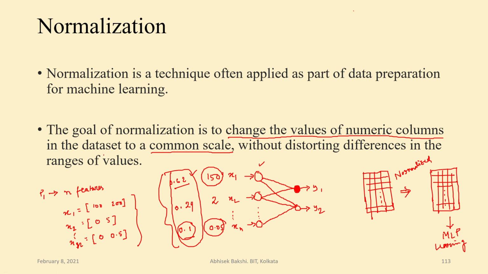Let's rewrite the loop here in an abstract way. While the pattern number is less than or equal to 1,000, where the pattern number started from 1, apply backpropagation.